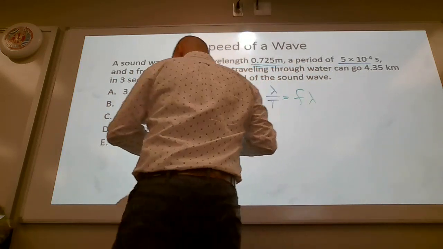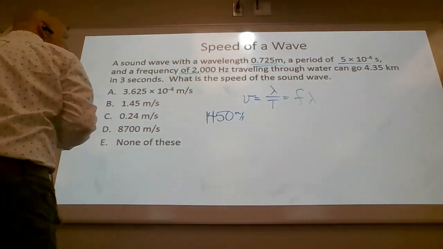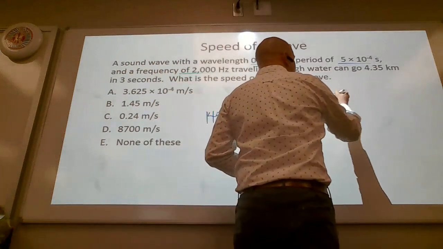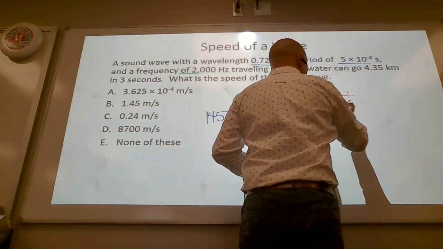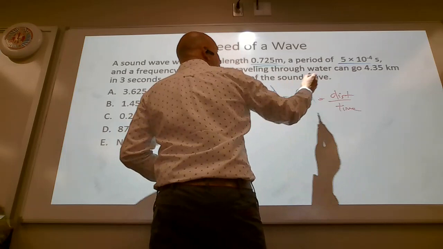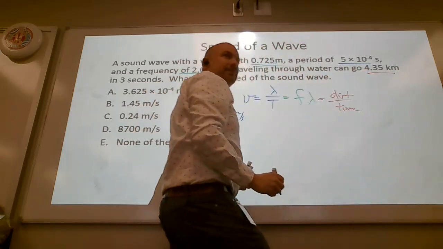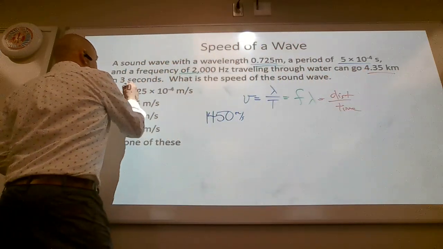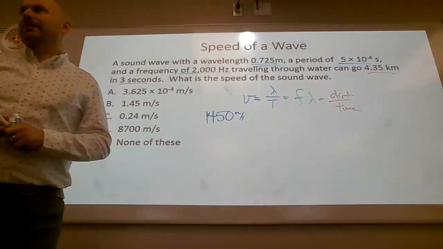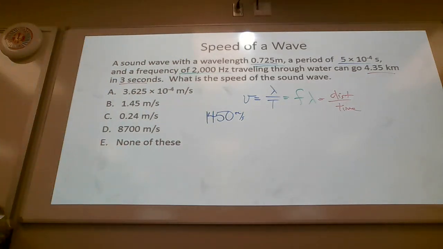Or you could have done it distance divided by time, converting that to meters. All three of those give you 1,450 meters per second.